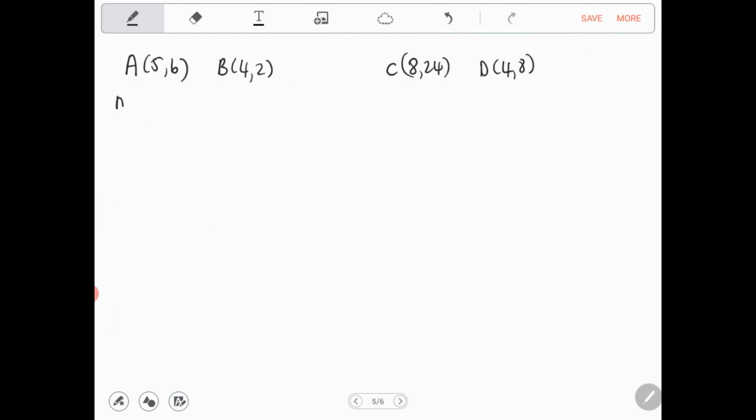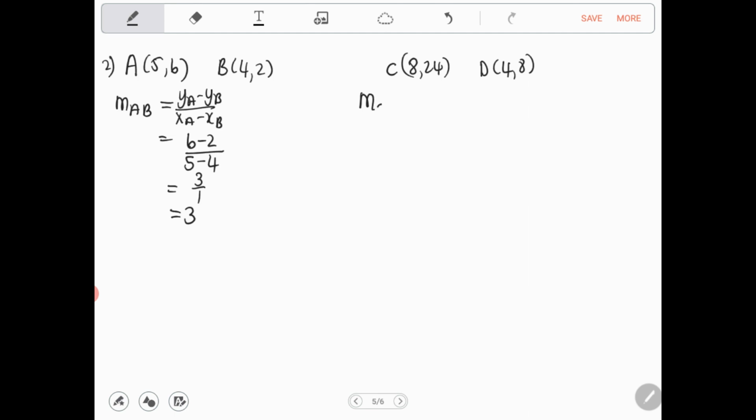Okay, so the gradient of AB is the y at A minus the y at B over the x at A minus the x at B. Okay, so it's going to be 6 minus 2 over 5 minus 4, 3 over 1, which is 3.